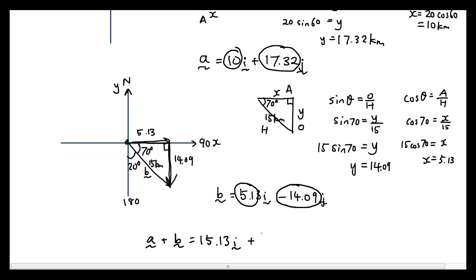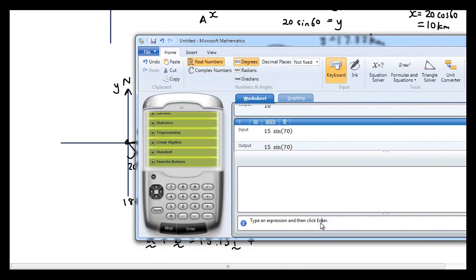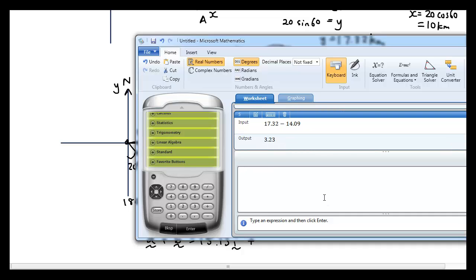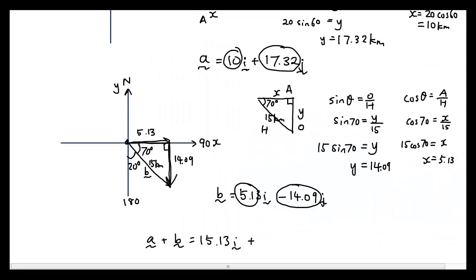So 17.32 minus 14.09. 17.32 minus 14.09 is 3.23. So 3.23 j. So that is the resulting vector.